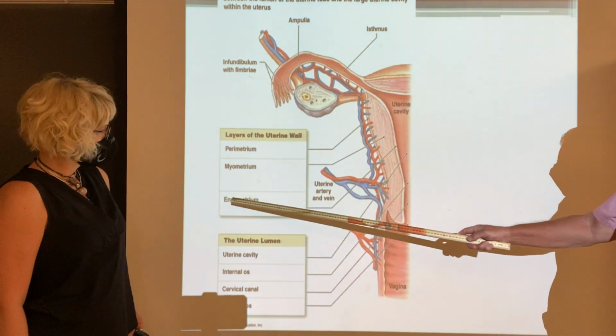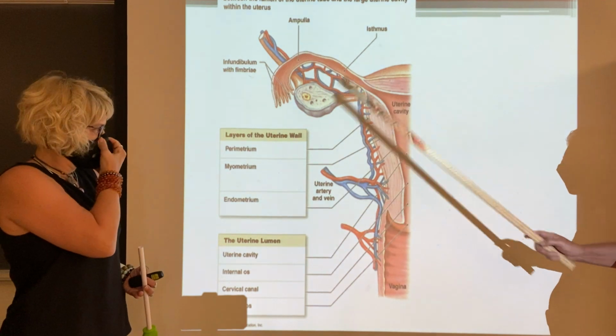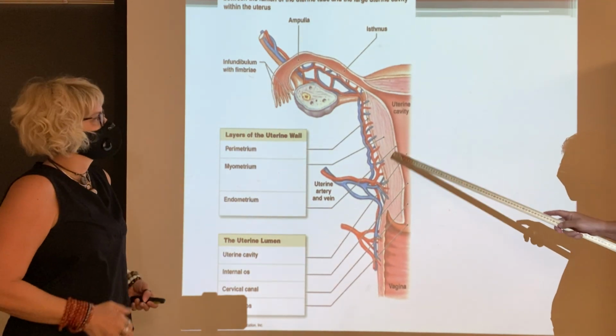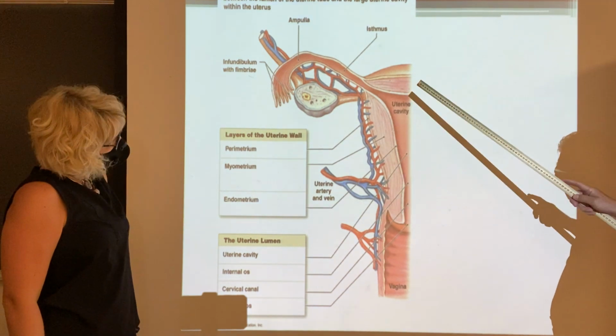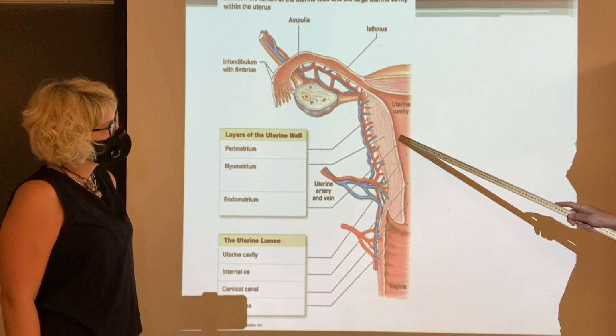Okay, why? Because what caused the endometrium to slough off, like an avalanche, is that the blood supply to that region has now decreased.